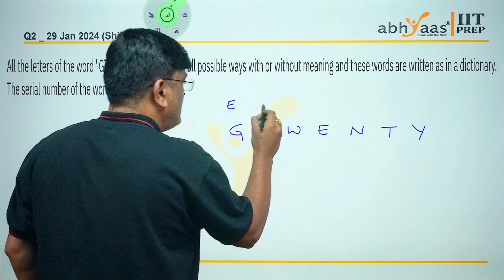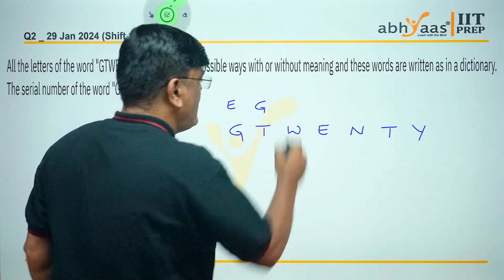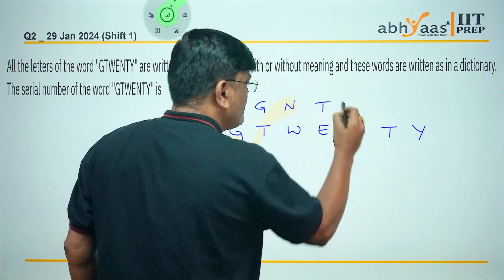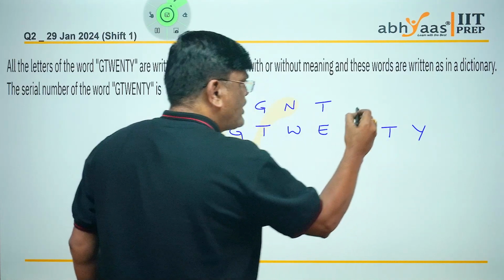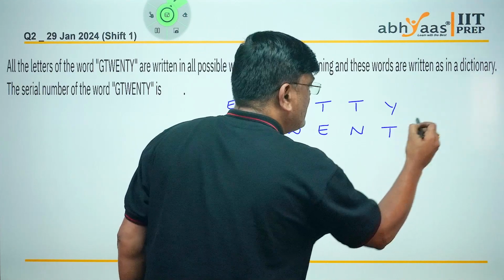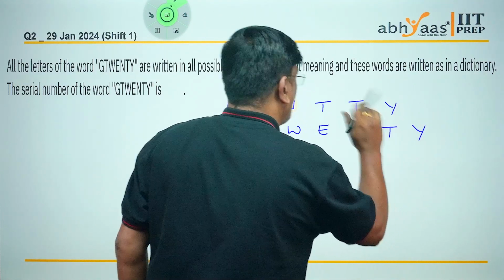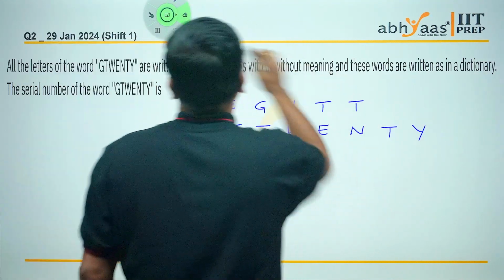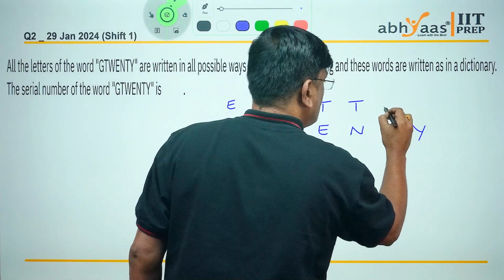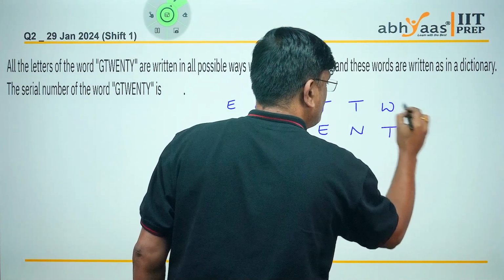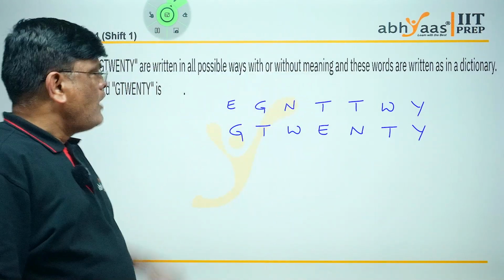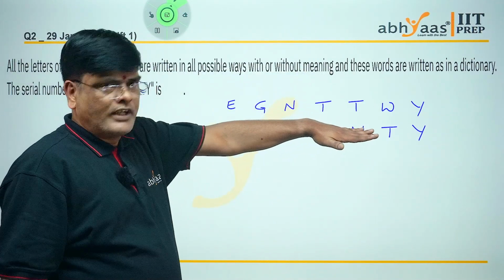E, G, N, T, T, here T is repeated twice, next W, sorry, W is after T, and then Y. So first I took the word.